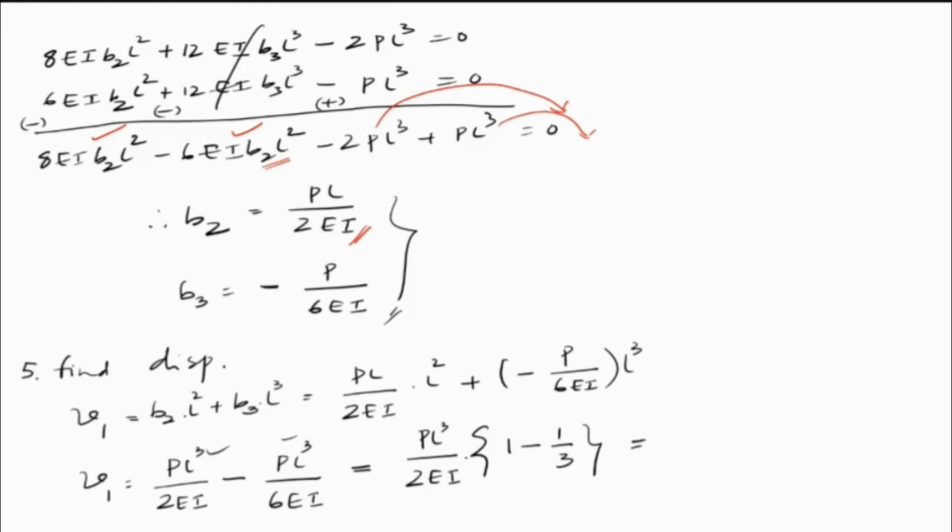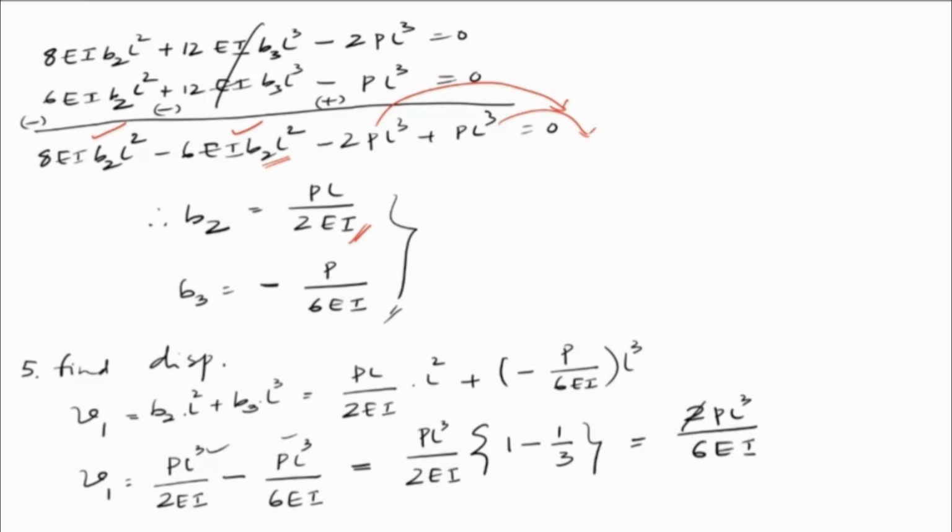Can you tell me 1 minus 1 by 3, what is the value? 2 by 3. Okay. So it is 2 PL cube divided by 6, because 2 by 3 times 1 by 2, 3 into 2, it is 6. Now this is 2, this is 3. Therefore, it is PL cube divided by 3EI. So this is the final equation.